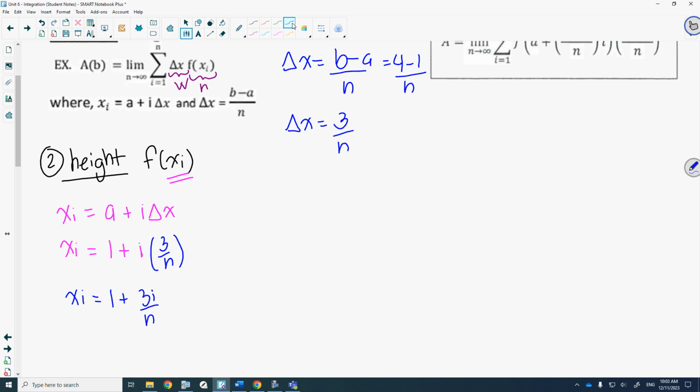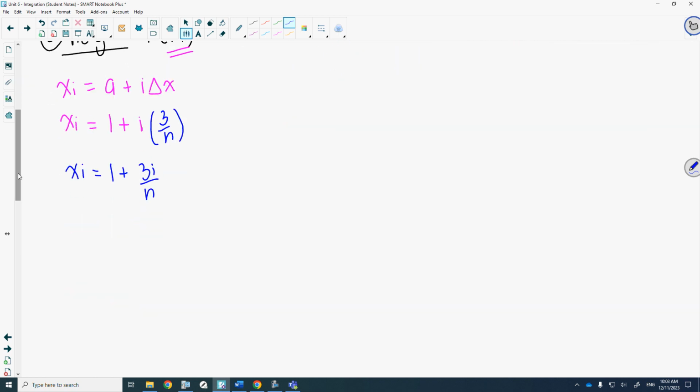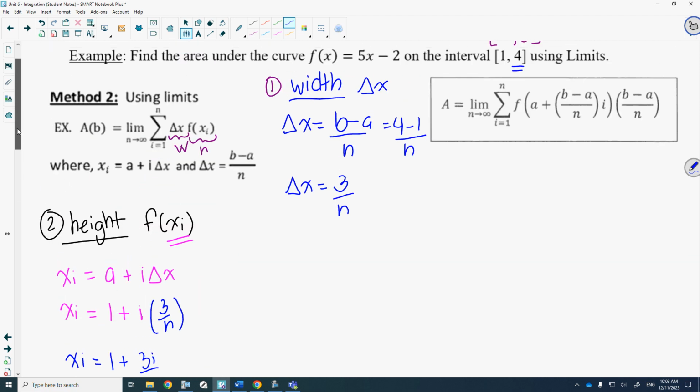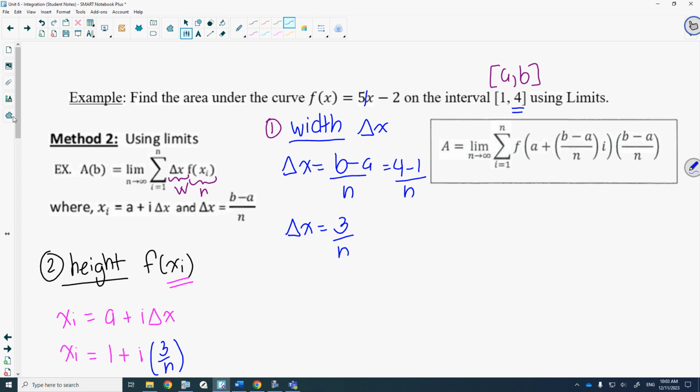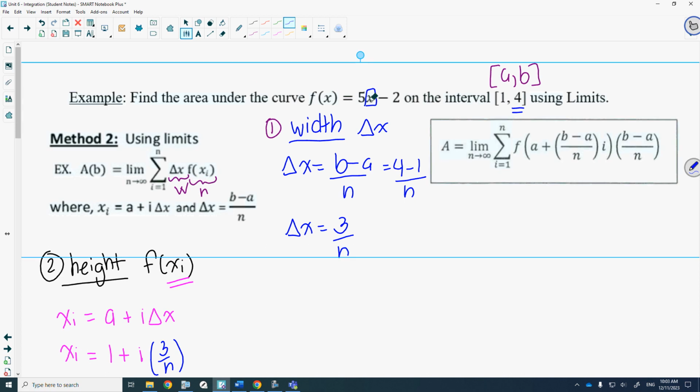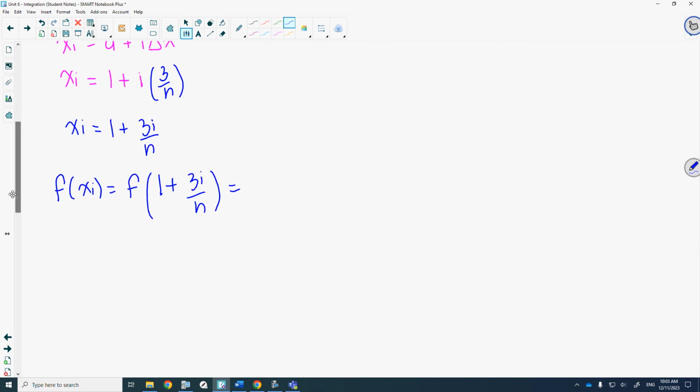So remember, we want to find the height at this point. So that would be f of x sub i, which would be f of 1 plus 3i over n. And then we're going to input x sub i into our function, and our function was 5x minus 2. So I'm going to input x sub i in for x.